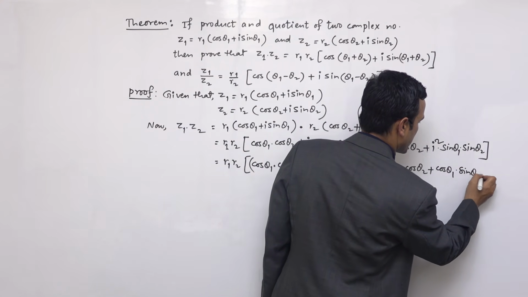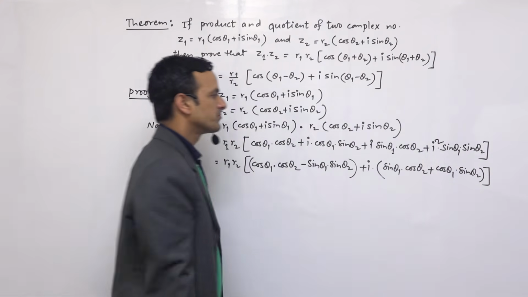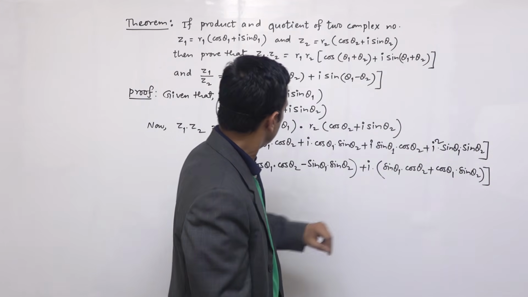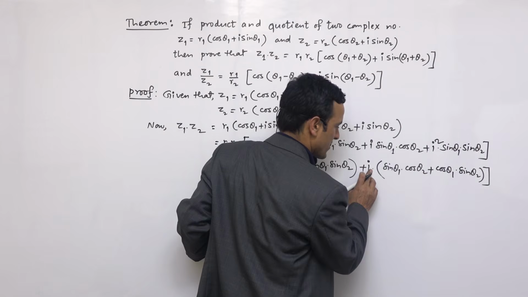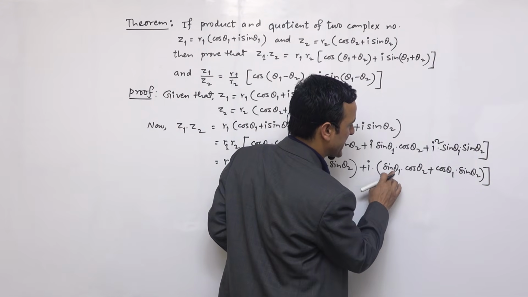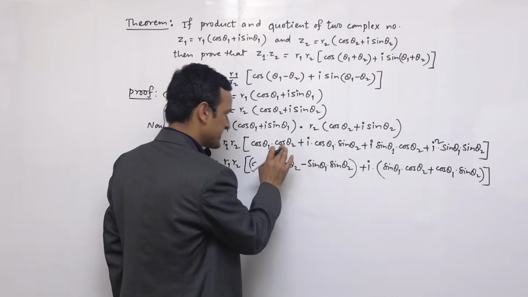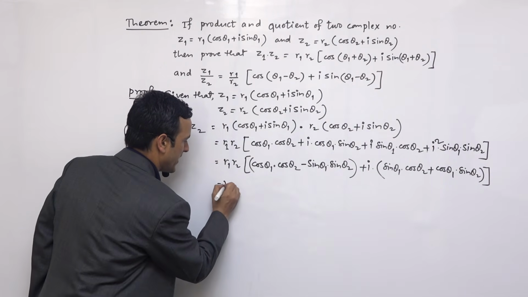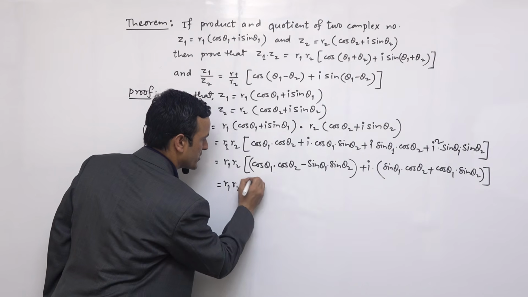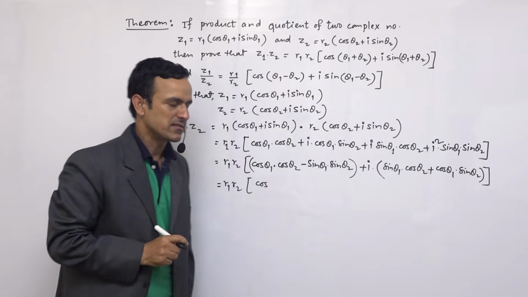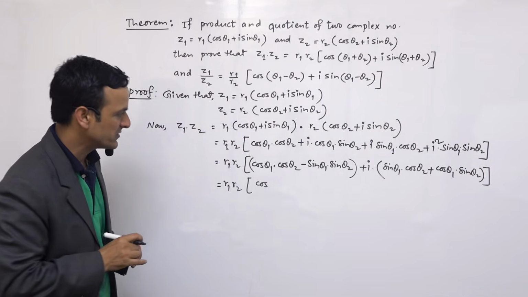sin theta 2. So this is the other part having i. So this i and i, common i, and the remaining term is this one: sin A cos B plus cos A sin B. This is the remaining part, and R1 R2 is equal to cos A cos B minus sin A sin B. We can write down the trigonometric relation here.